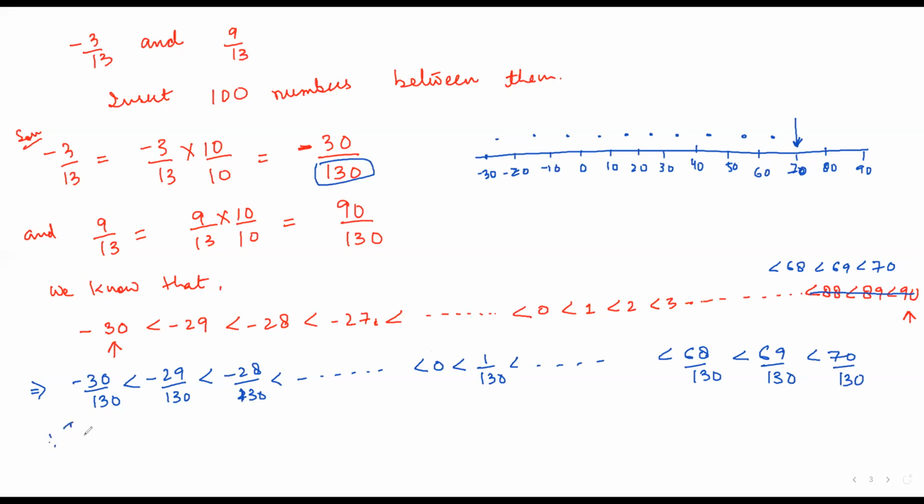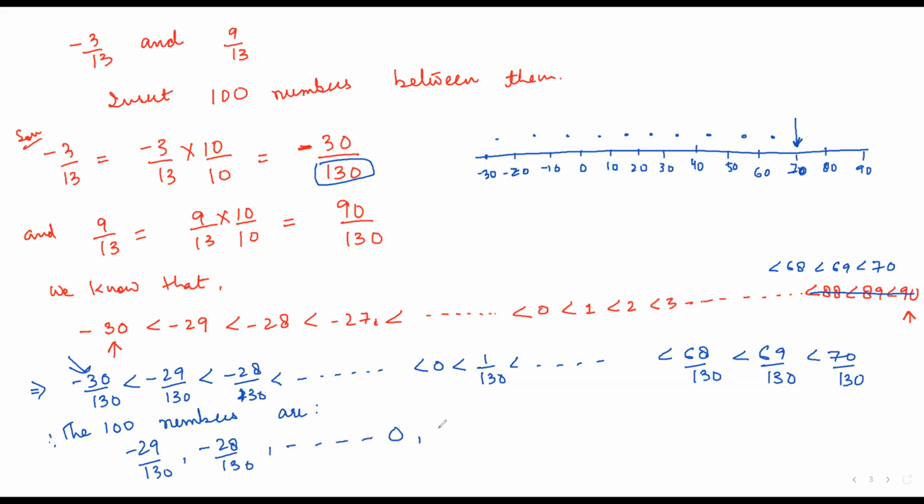So therefore, the 100 numbers are, now what are the 100 numbers? So I can pick all the numbers between. So I don't have to pick them, I have to pick between them. So I'll start from here. So minus 29 by 130, then minus 28 by 130, and so on.